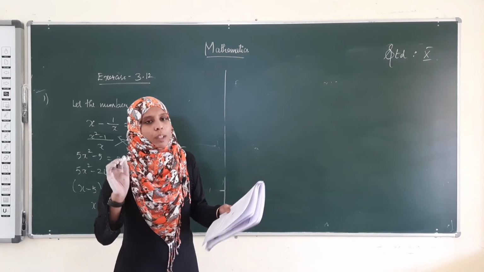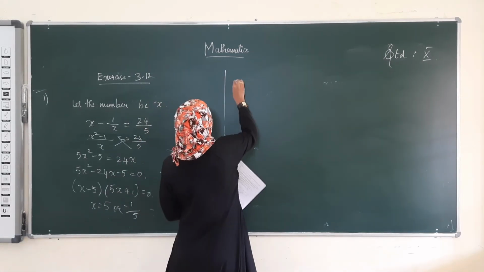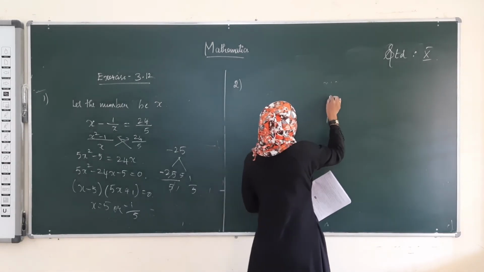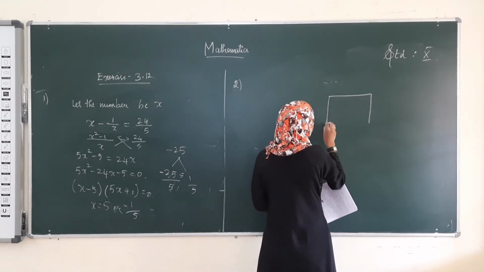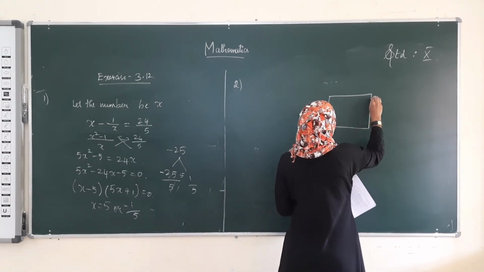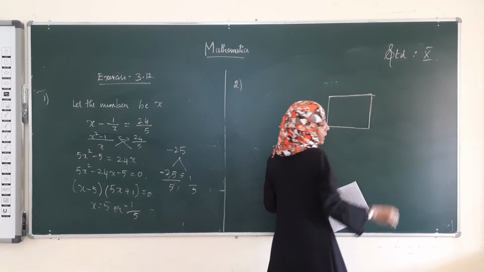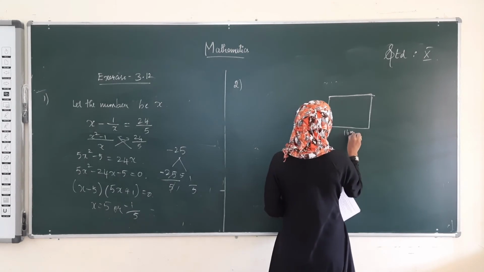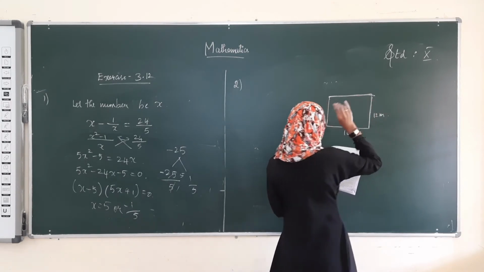What is the width of the pathway? Okay, second question. What have they given? A garden measuring 12 meter into 16 meter. Since it is a garden measuring 12 into 16, we can clearly say that it is a rectangular garden. Okay, this is 16 meter and this is 12 meter.